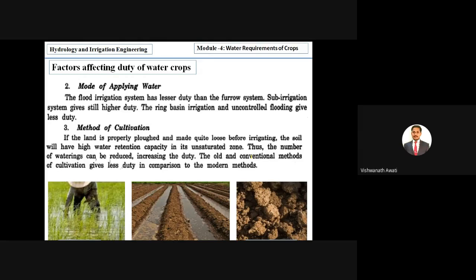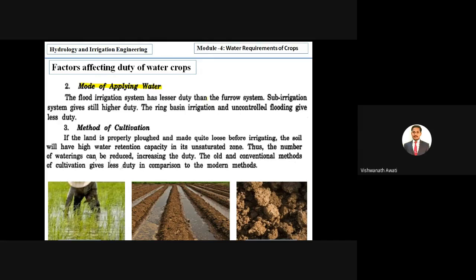Next is mode of applying water. The flood irrigation system has lesser duty. Flood irrigation means, you can take the example of paddy agriculture, where water is flooded in the agricultural land. Because of this, duty will be less.